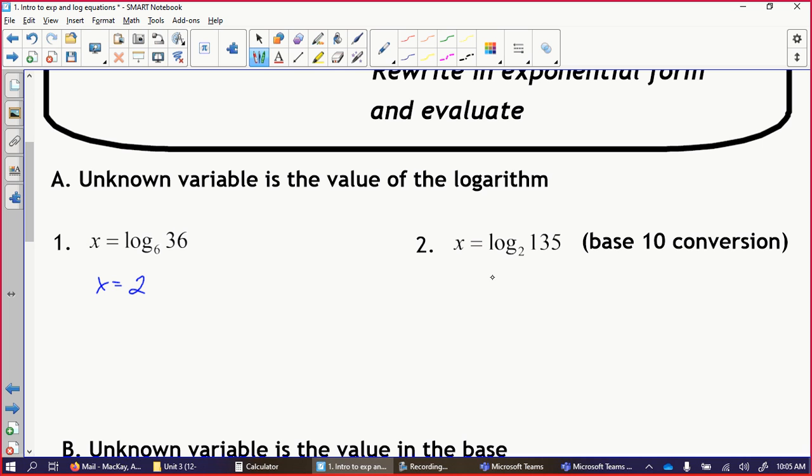If it's a base 10 conversion, technically 2 to the x equals 135. Log of 2 to the x equals log of 135. x times log of 2 equals log of 135.